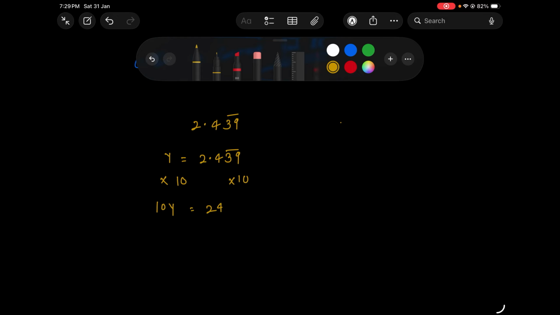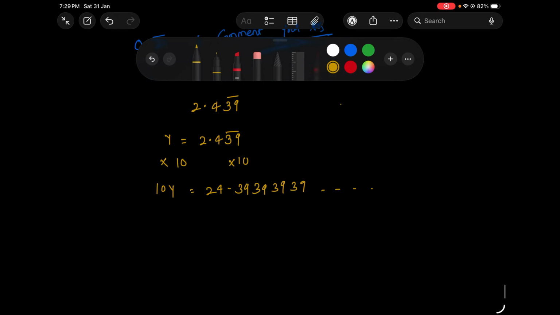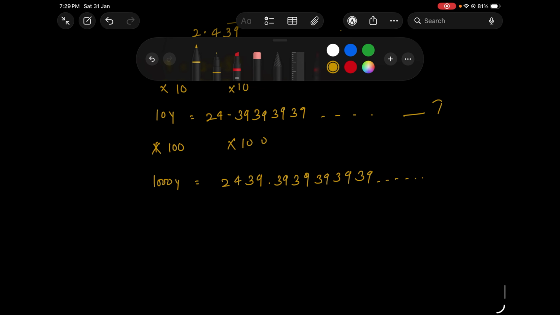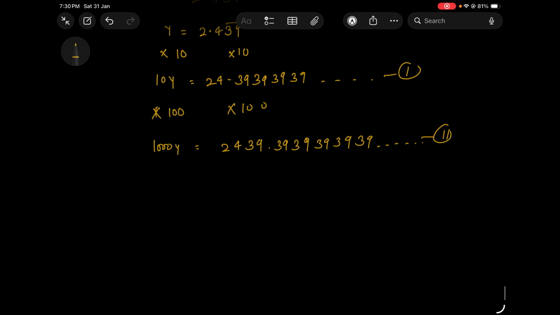So we have 10y is equal to 24.39393939 dot. Now we multiply both sides with 100. Now we have 1000y is equal to 2439.39393939 dot. This is our first equation, this is our second equation.